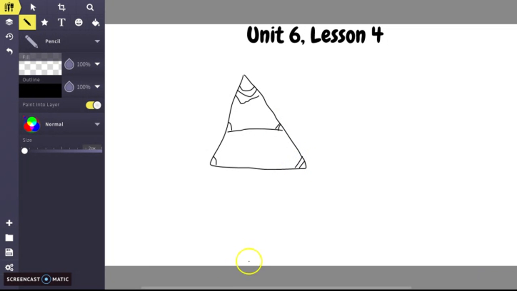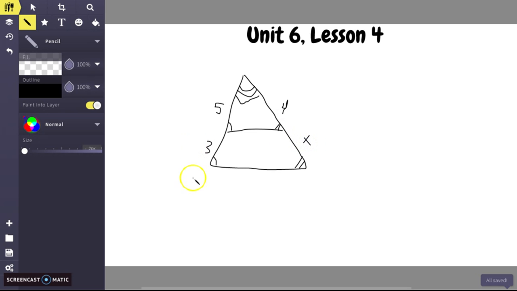Now let's say that this length right here is 5. This is 3. This is 4. And let's say we're trying to find out what this one is.